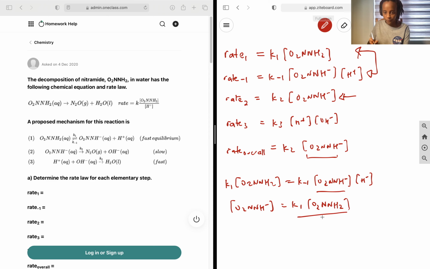O2N and NH minus is equal to K1 times O2N and NH2 over K minus 1, this is supposed to be H plus. And then you just substitute that right back in here.